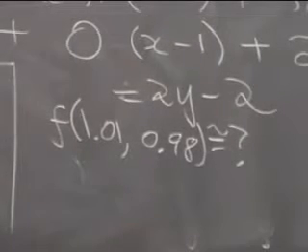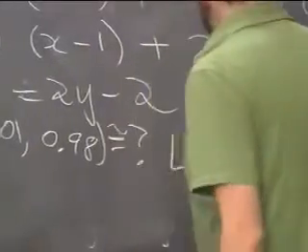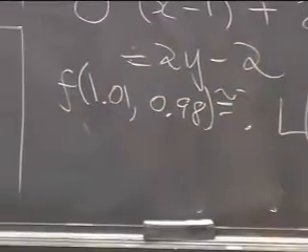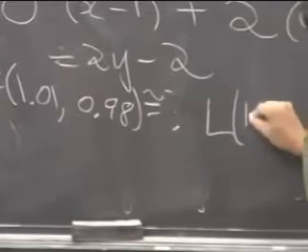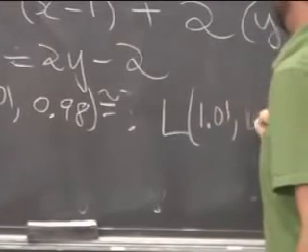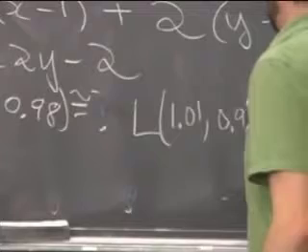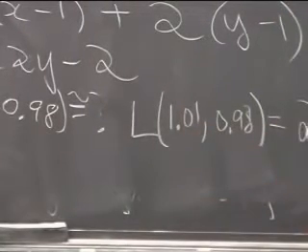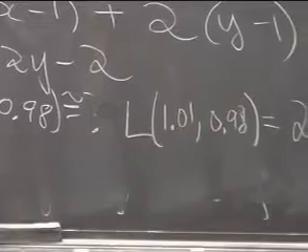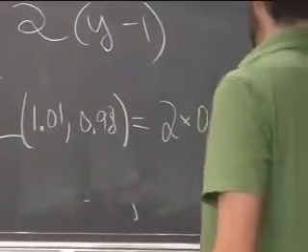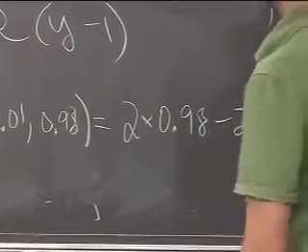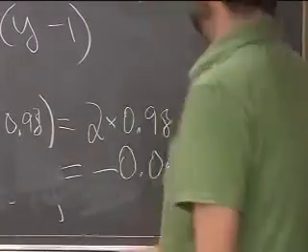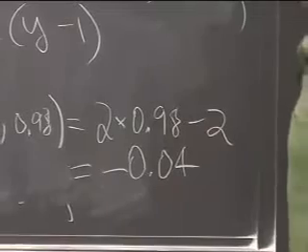But approximate value is just L, because this is close to 1, 1. It's just L of 1.01, 0.98. This is a very good approximation, which is easier to compute because it's just 2 times 0.98 minus 2, and that's much easier to compute. That's 1.96. So it's about minus 0.04.